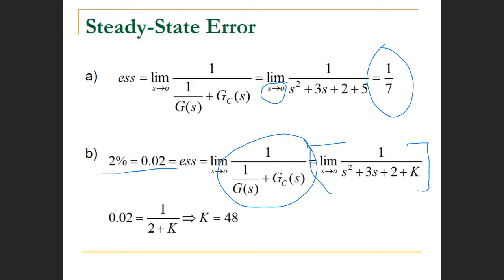All right. And so we equate it to 0.02, and that's what we have right here. And so we simply transpose, making k the subject, and that now brings us to k equal 48. Therefore, for the system to have a 2% steady state error due to disturbance, you have to set k equal 48.